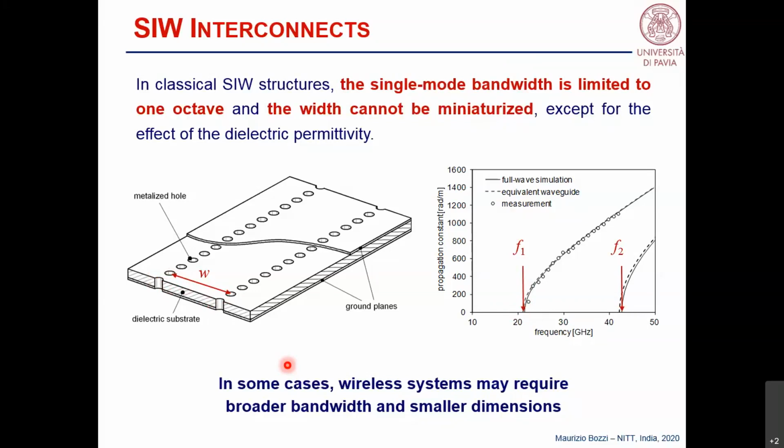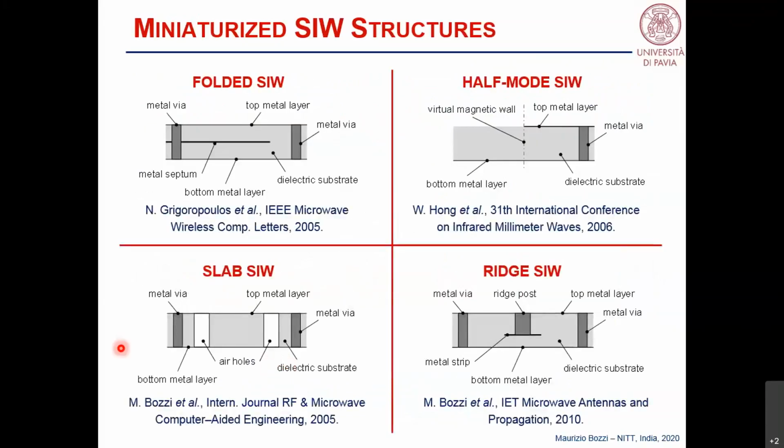Of course, you can increase the permittivity, but up to maybe 9 or 10, but it's quite hard to get low losses if you go beyond the permittivity of 9 or 10. So to reduce the size of SIW structures and to possibly improve the bandwidth performance, a lot of solutions have been proposed in the last years. And in this slide, you see some of these examples.